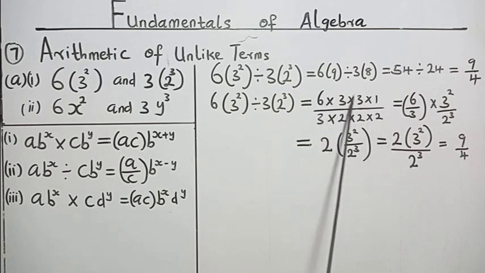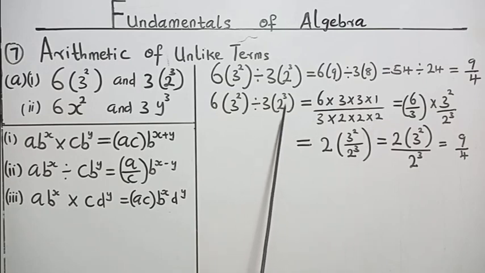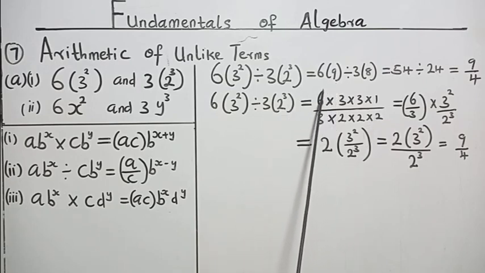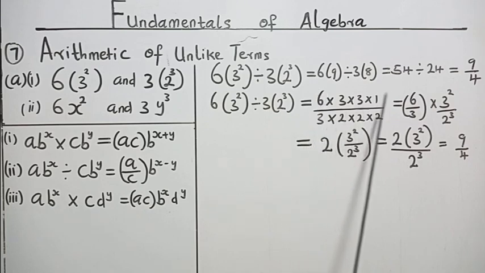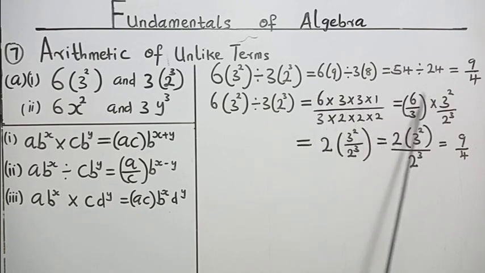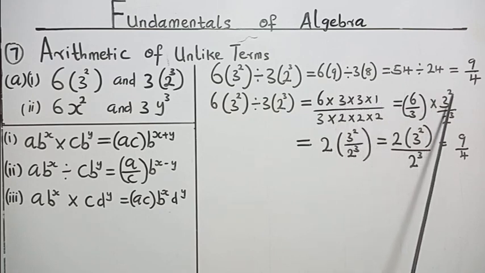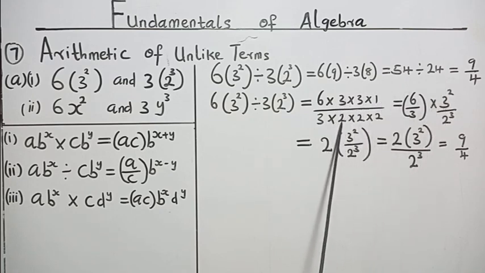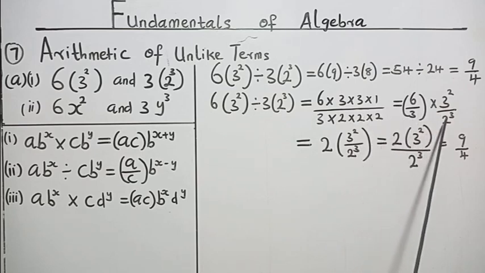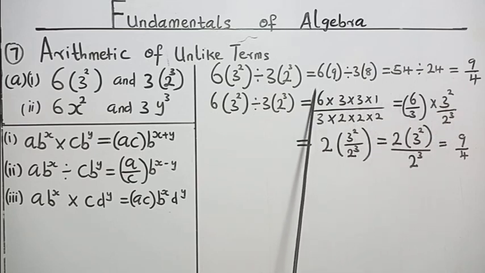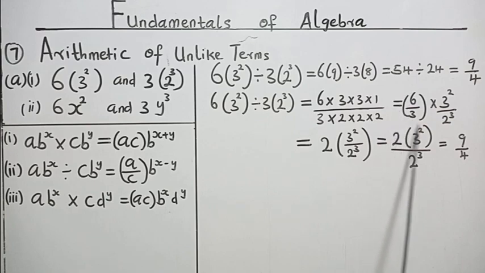This is 1, 2, 3, 4 times. The same 1, 2, 3, 4 times. Anyway, by association, we can isolate this 6/3. See it here, 6/3 times 3 to the power, because 3 times 3 times 1 is same thing as 3 to the power 2. Then 2 times 2 times 2 is same thing as 2 to the power 3. Therefore, this number operation has become base.